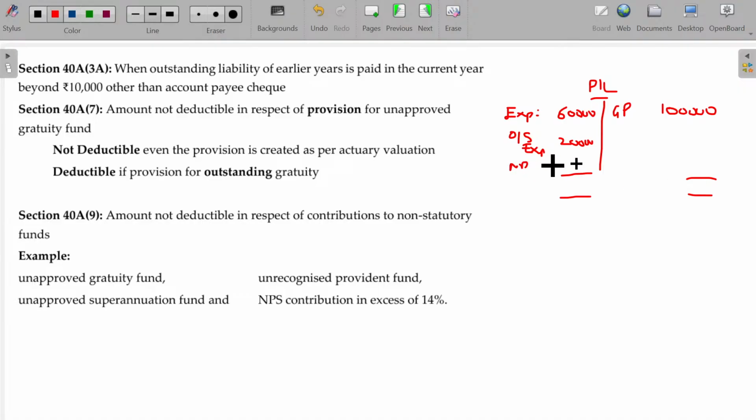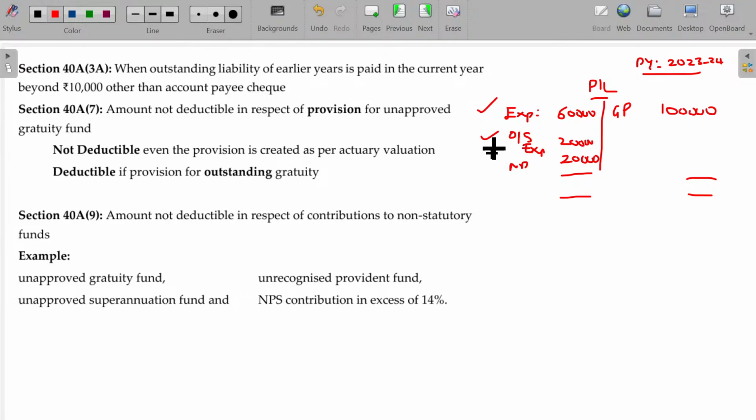Now your net profit being 20. Am I right? This is for the previous year, 23-24. Now what about the scenario? This one is also allowed to be deductible.